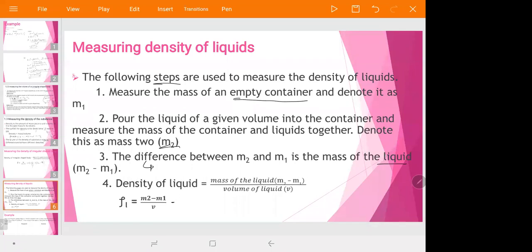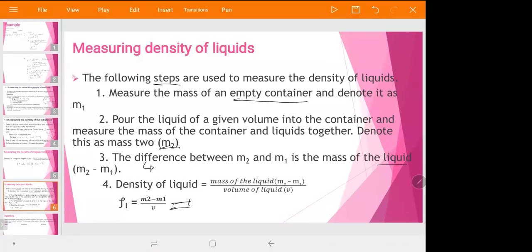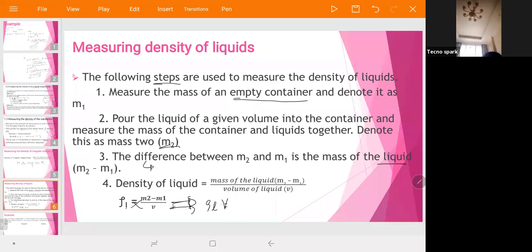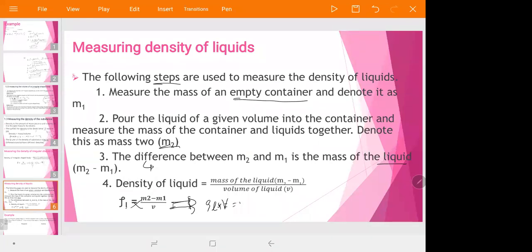Again, if you want, don't worry about how we can find the other formula from this one. Cross-multiplying gives equality. For example, rho L shows the density of liquid. Rho L, density of liquid, times volume of liquid is equal to mass 2 minus mass 1.